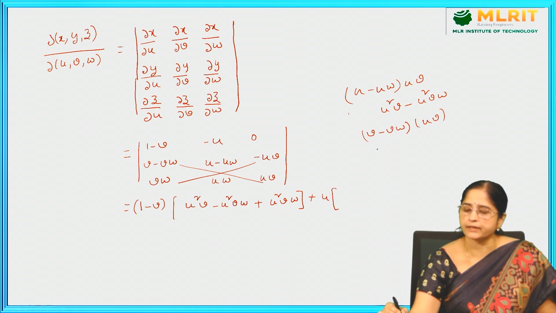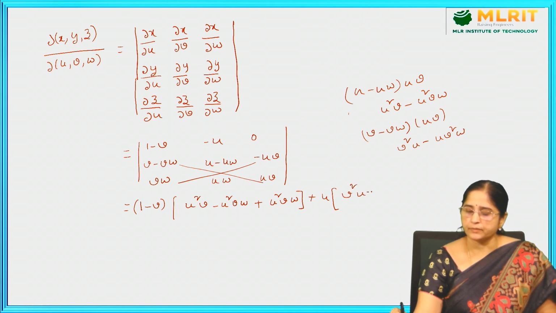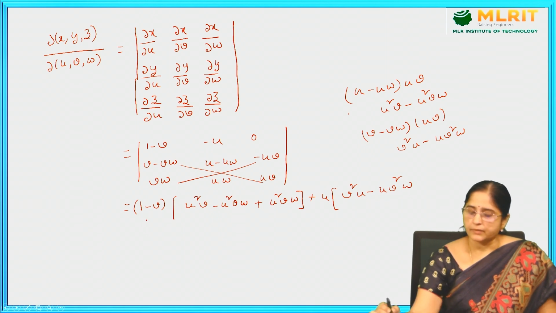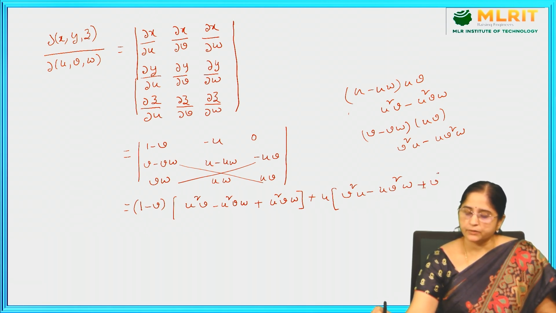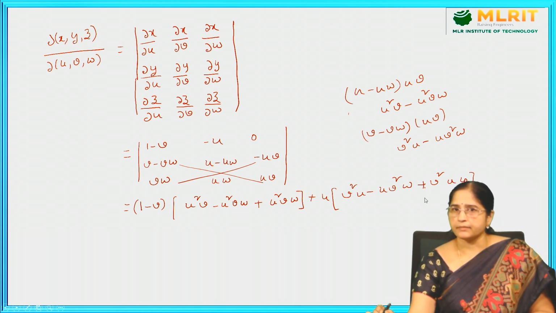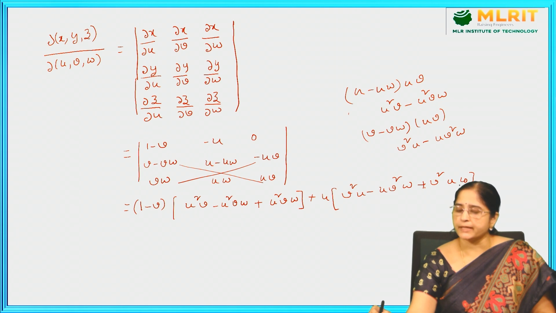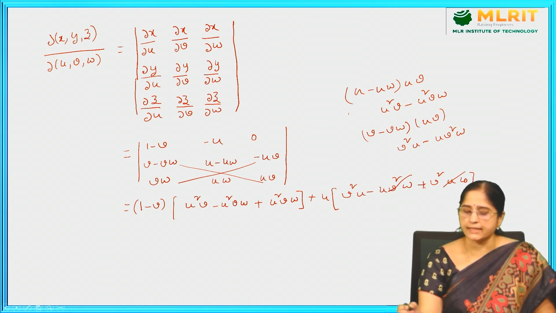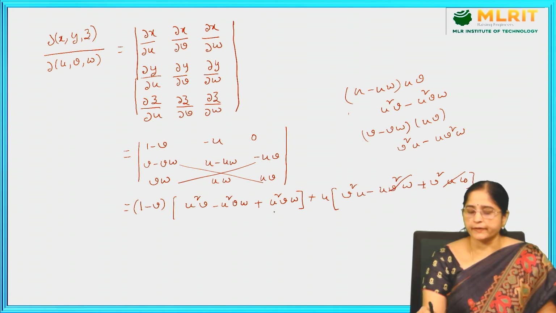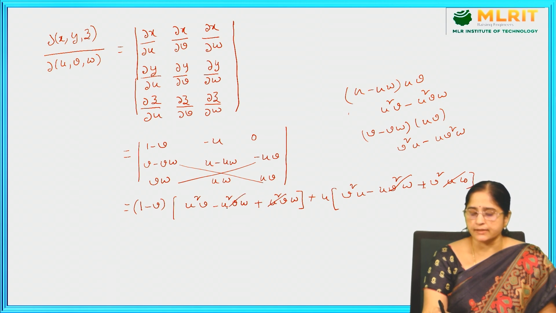So this is equal to v square u minus u into v square w. Plus v square into uw. So minus u into v square w plus v square into uw, that cancels. So minus u square vw plus u square vw, this also cancels.